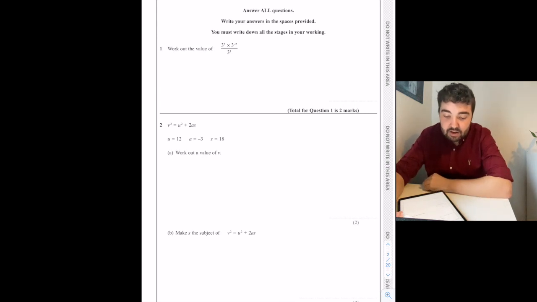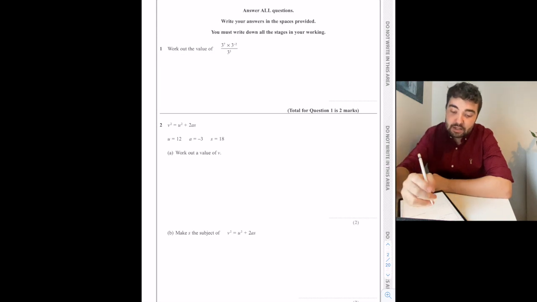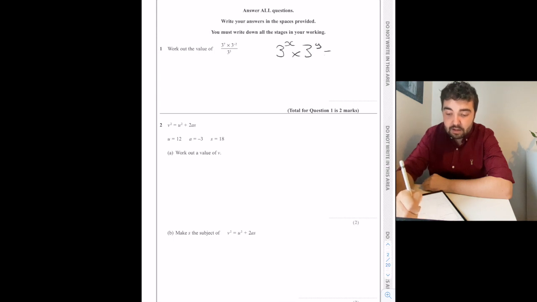Work out the value of 3 to the power of 7 times 3 to the power of minus 2 divided by 3 cubed. With this one, we'll just use power rules. When you multiply, 3 to the x times 3 to the y equals 3 to the power of x plus y.